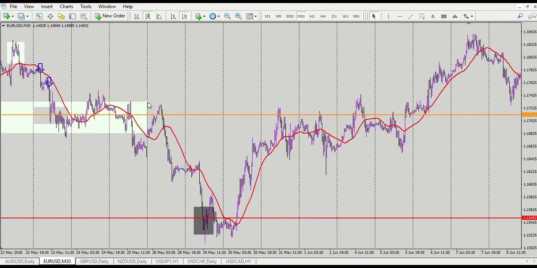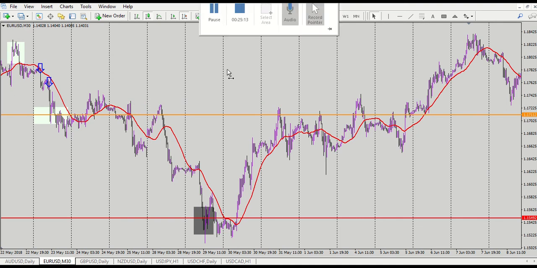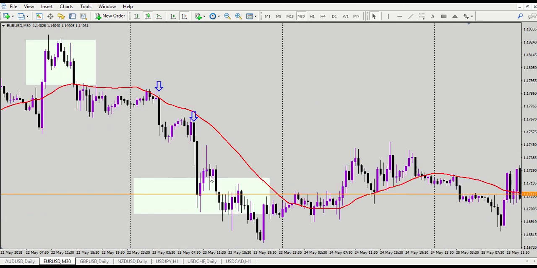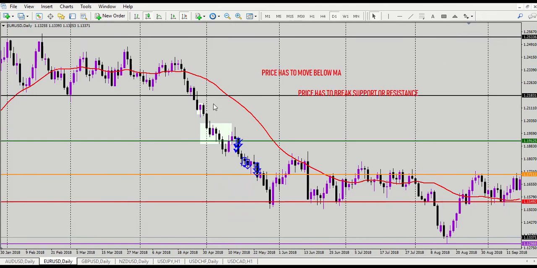Let me just remove you and maximize you. Sorry guys, we were cut off there. I clicked the wrong button. All of your trades would have taken profit at this box here, right? And once we've taken profit, we scroll down to our daily chart, and we would have been out somewhere here.